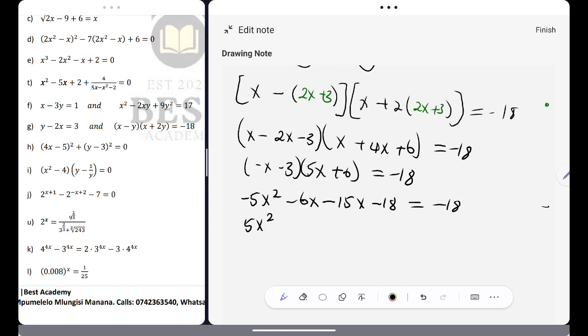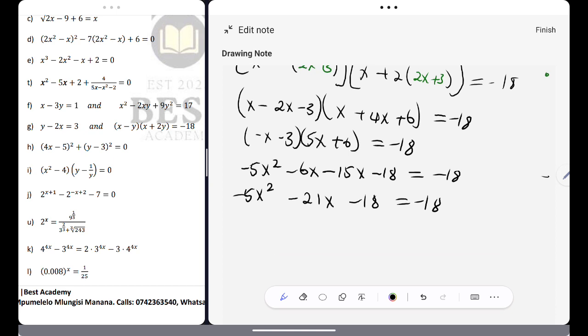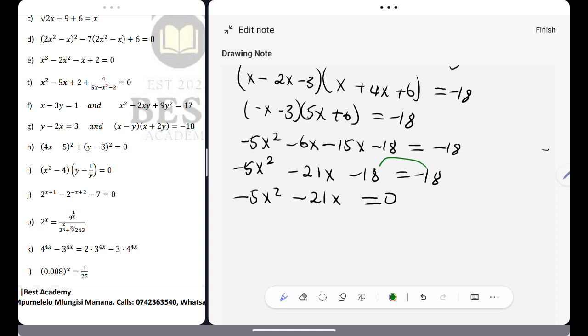So a negative 5x squared, and a negative 21x, and then I must put everything in standard form. I'll have negative 5x squared minus 21x is equal to 0, because when this guy comes to the other side, it will change the sign. I'll have negative 18 plus 18, which will give me 0.